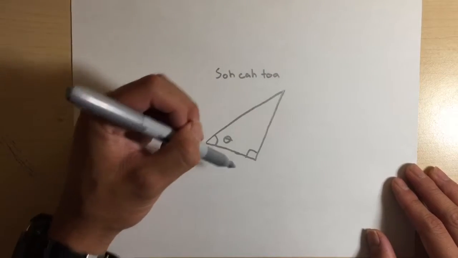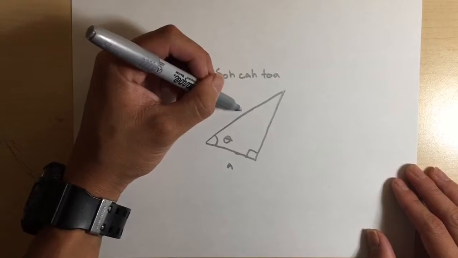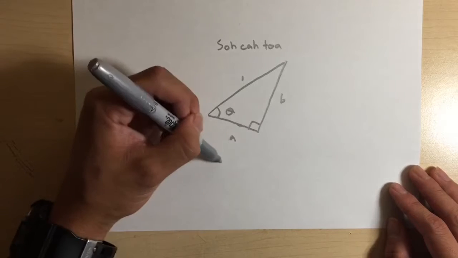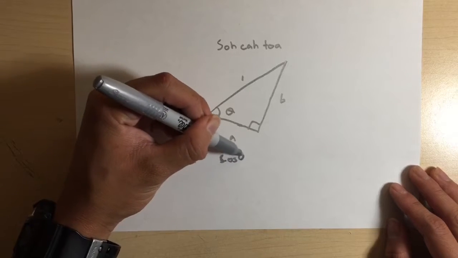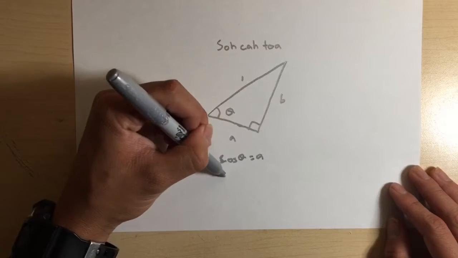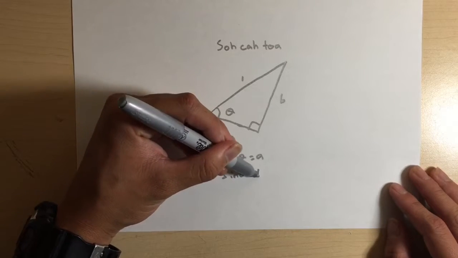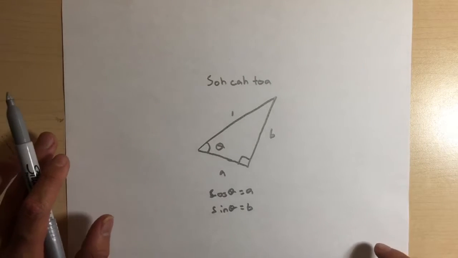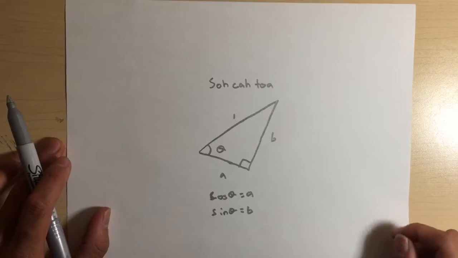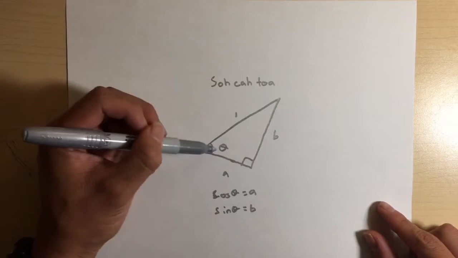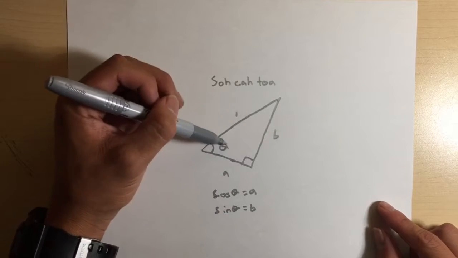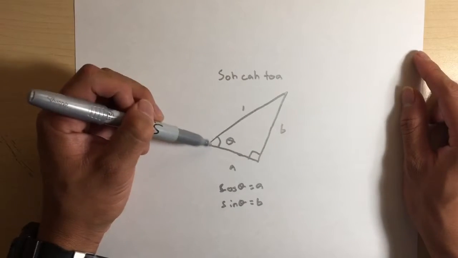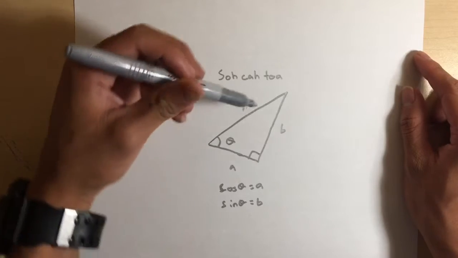So for theta, if this were to be A and 1 and B, just as before, cosine theta equals A, and sine theta equals B. And so this works for a regular trig function on a regular triangle with theta being less than 90. However, when the unit circle comes in handy is when this theta exceeds 90 degrees.